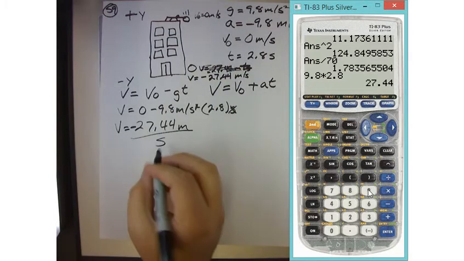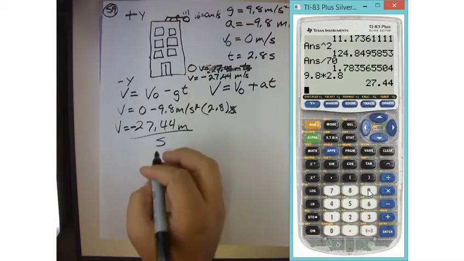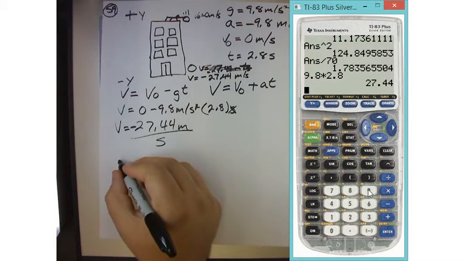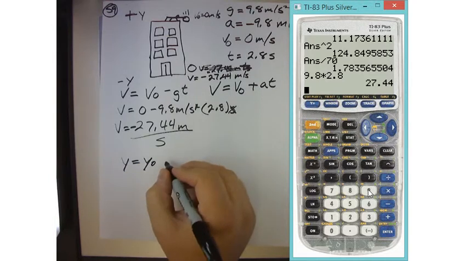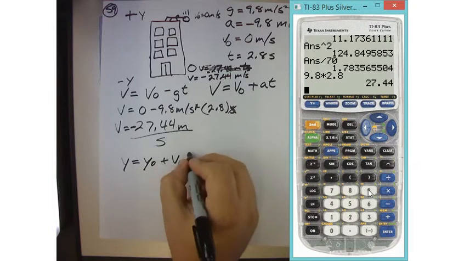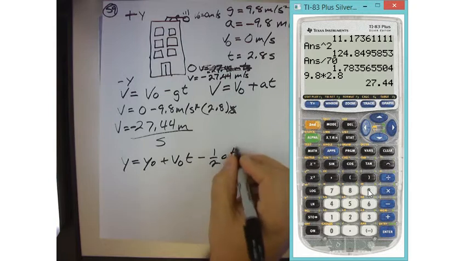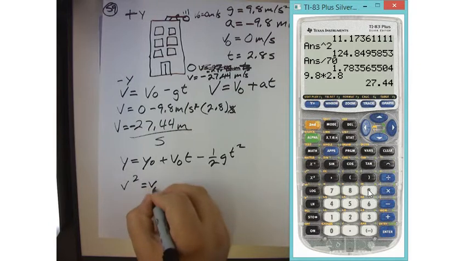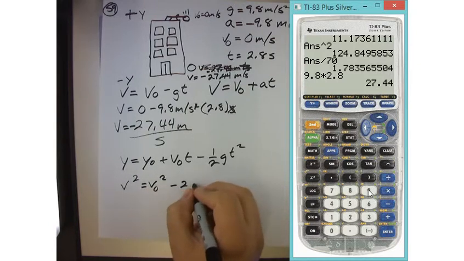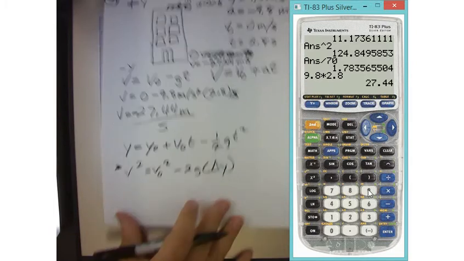So, delta y. Any one of these equations that has the delta y in it would work. There's one equation I could use: y is equal to y naught plus the initial velocity times time minus 1/2 g times t squared. I could do that one. And then the other one is v squared is equal to v naught squared minus 2g times delta y. I'll probably choose the second one because it's a little less work for me.